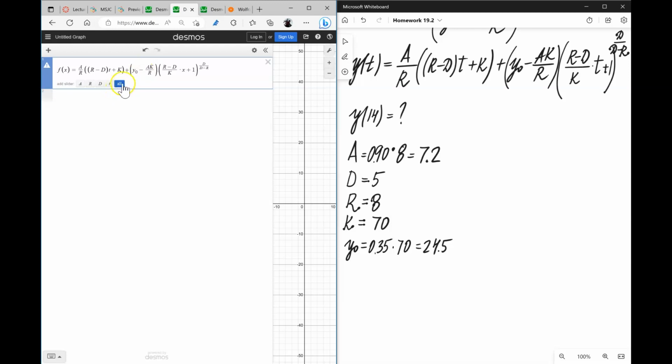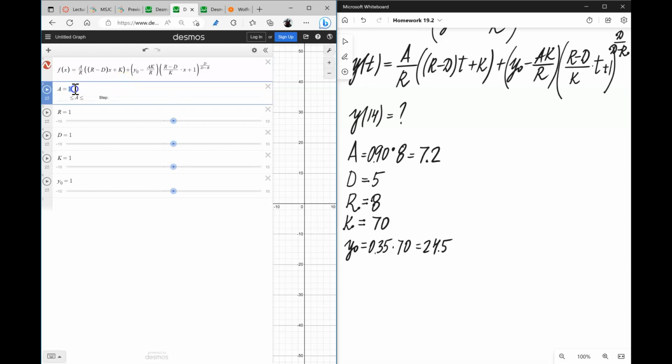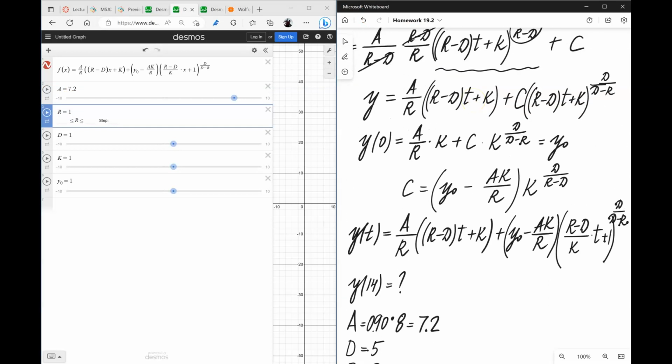And let's change this to x. And a is 7.2. Actually, before we do this, I want to go ahead.